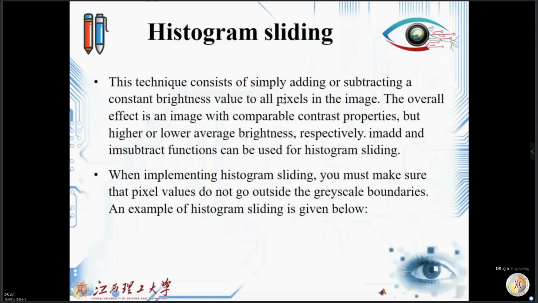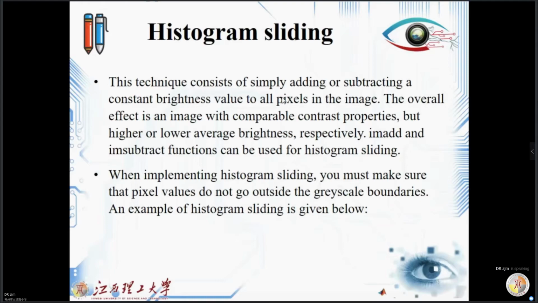The imadd and imsubtract functions can be used for histogram sliding. When implementing this, you must make sure that pixel values do not go outside the gray scale boundaries.